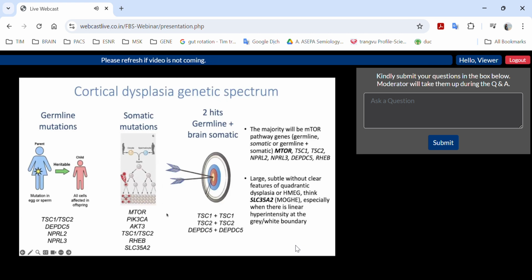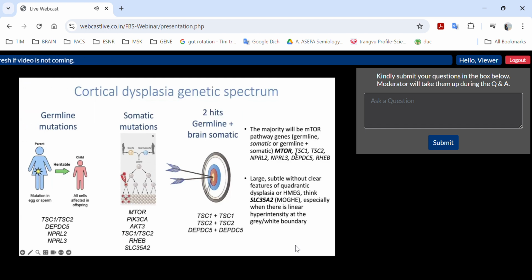More commonly, FCD is caused by somatic mutations, particularly in the mTOR gene, but also a number of others. And rarely, people have looked, not everyone's been able to do this work, and two hits have been found, one germline and a different one in the brain tissue.